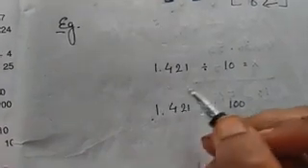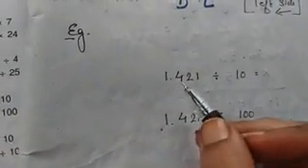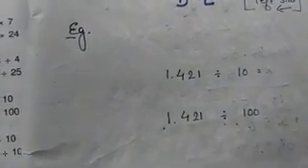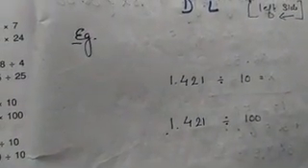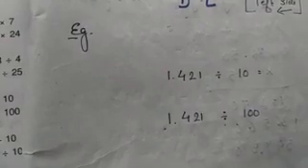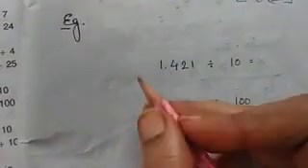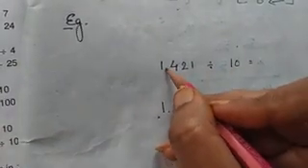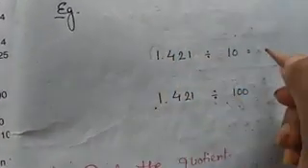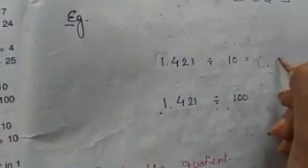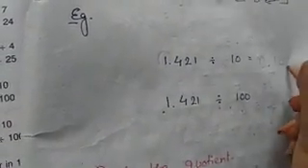So first let's solve some examples. 1.421 divided by 10. If the divisor is 10, we have to move to the left side by one place. So from here to here: 0.1421.